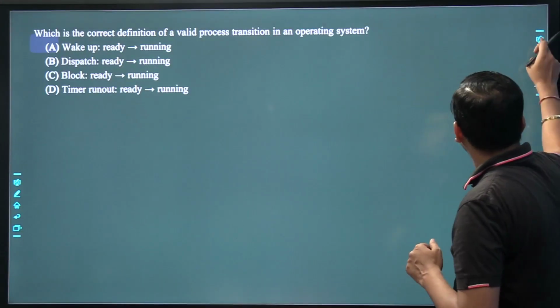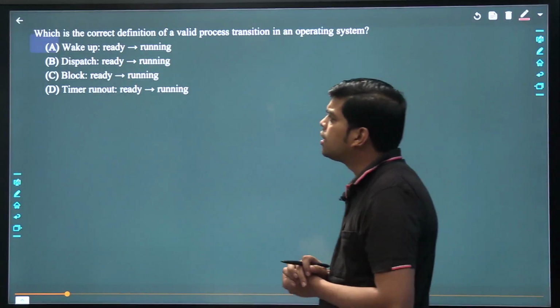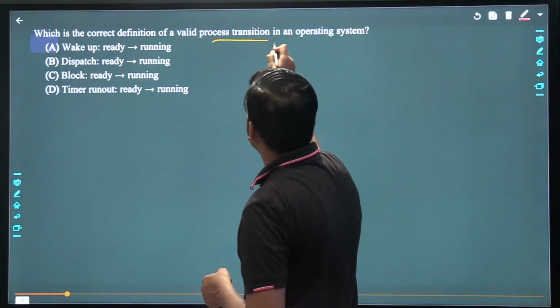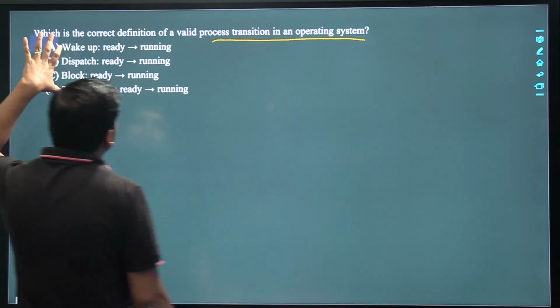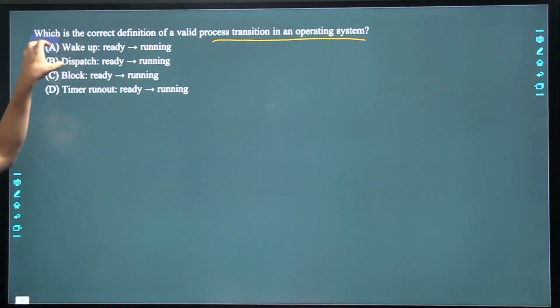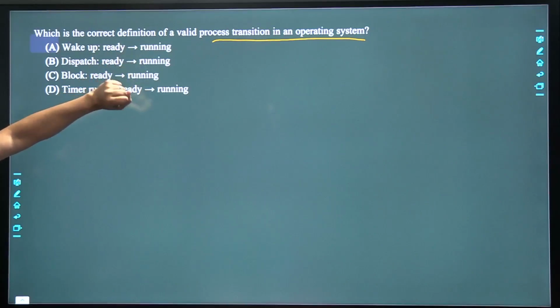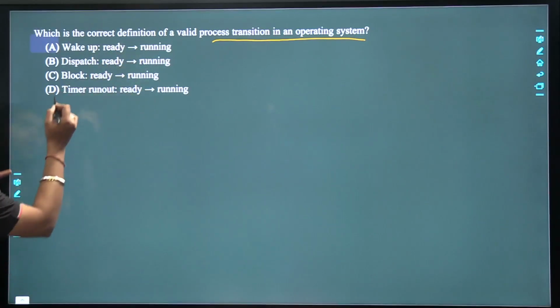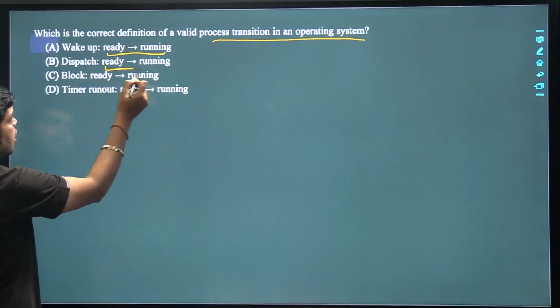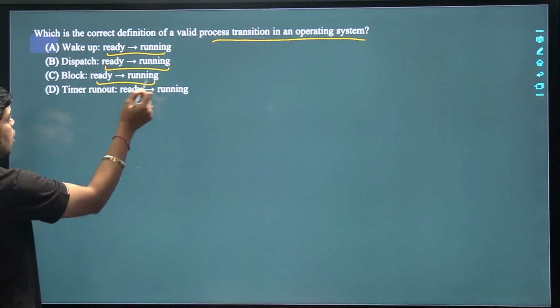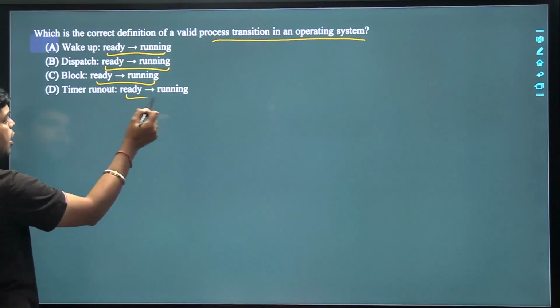Now the next question: which is the correct definition of a valid process transition in an operating system? So what is the meaning of that? First, wake up means ready to running, dispatch ready to running, block ready to running, and time run out ready to running.